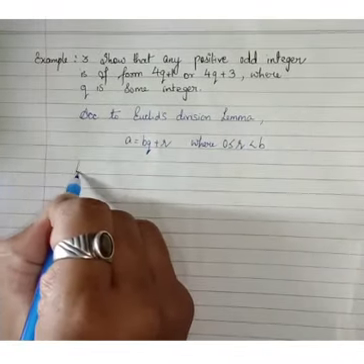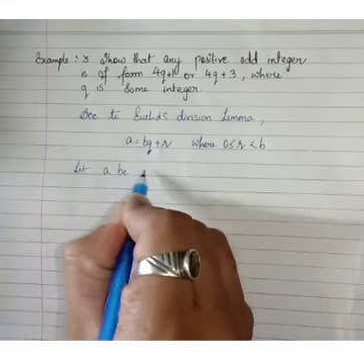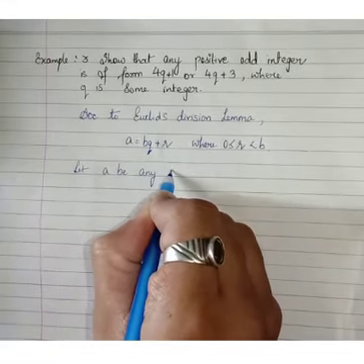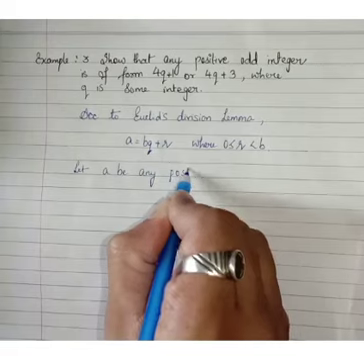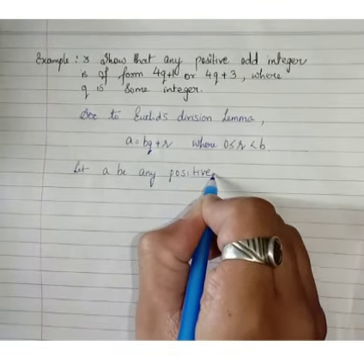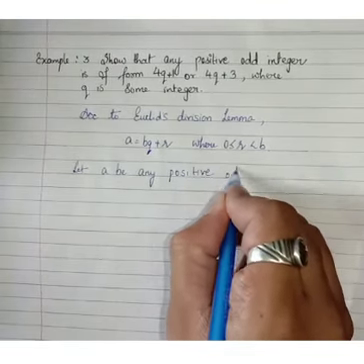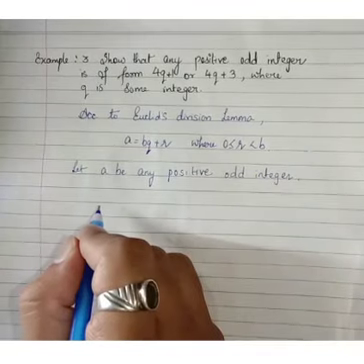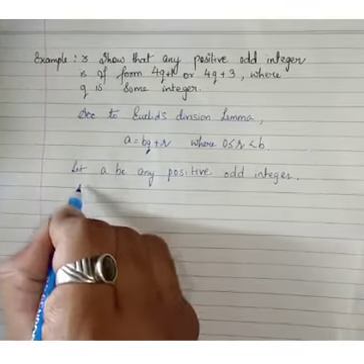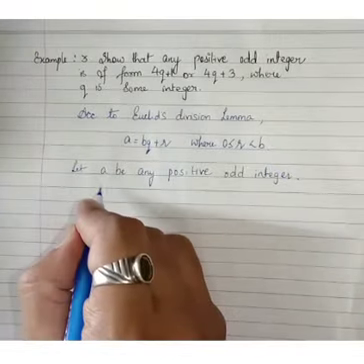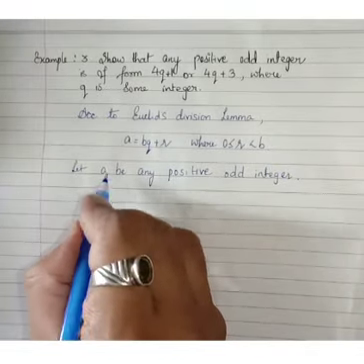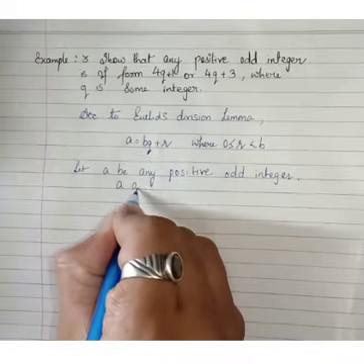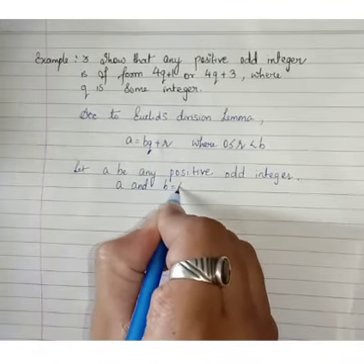So let a be any positive odd integer, and we apply the division algorithm. We will apply this division algorithm by taking a and b equal to 4.